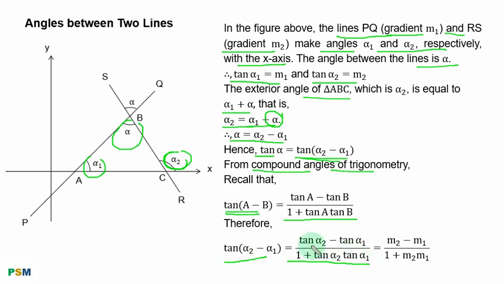Tan alpha is equal to tan alpha 2 minus tan alpha 1, that is m2 minus m1 over 1 plus the product of the two gradients. This becomes the angle between two lines.